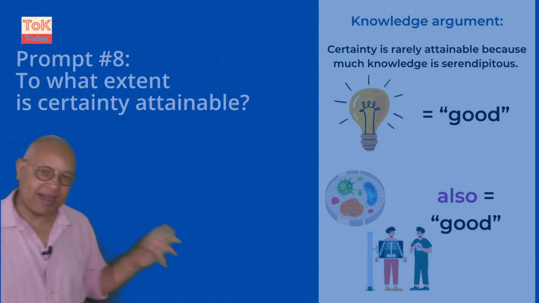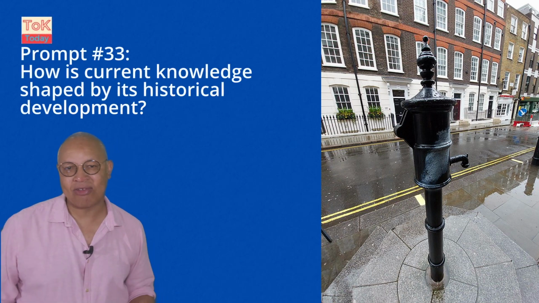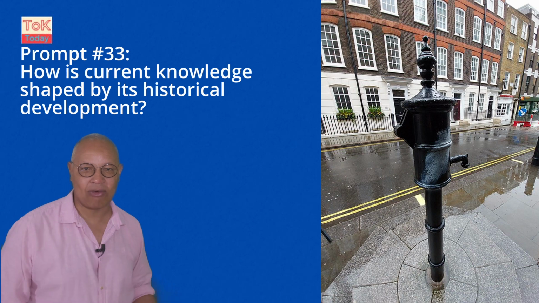However, let's go back to the hand pump in the street in London from which Dr. Snow discovered that cholera was transmitted by physical contact, which subsequently established the science of epidemiology. Now, the student who used this object was answering prompt number 33, how is current knowledge shaped by its historical development?